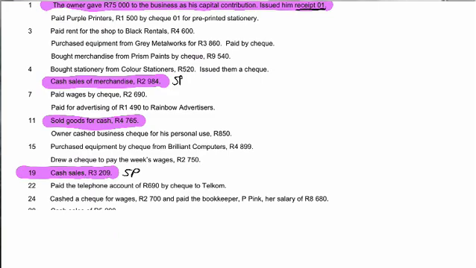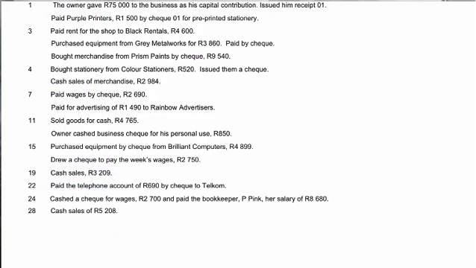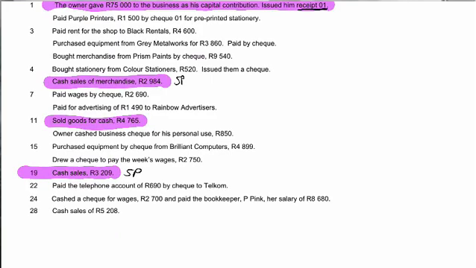On the 22nd, we paid the telephone account to Telkom by check, 690 Rand. CPJ. Cool. On the 24th, cashed a check for wages, 2,700, and paid the bookkeeper Pinko's salary. CPJ, okay, we are paying money.